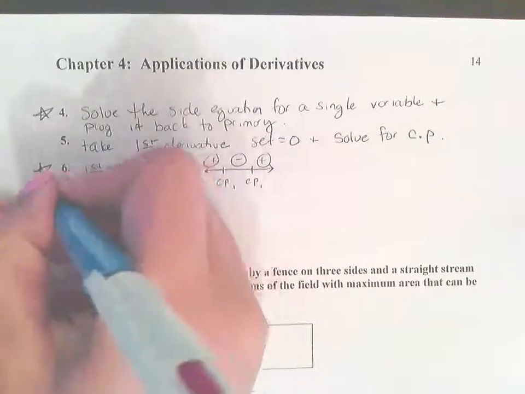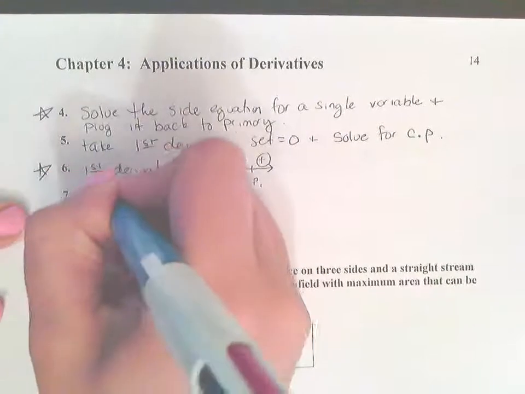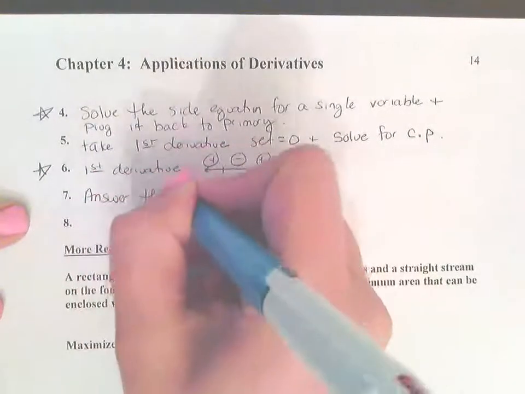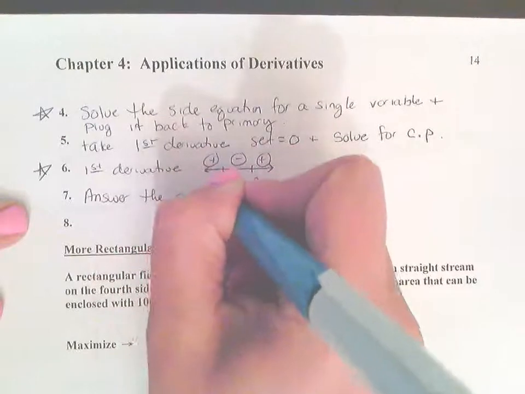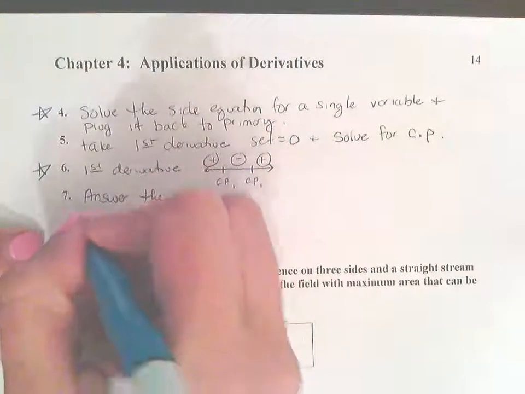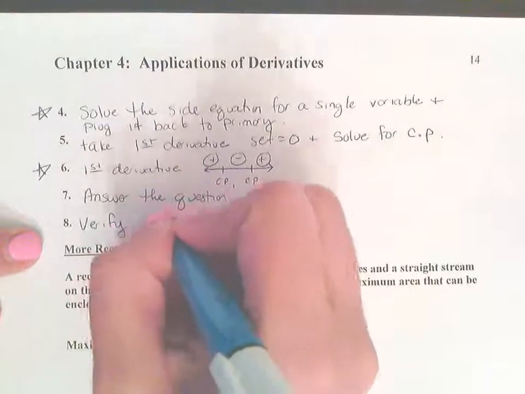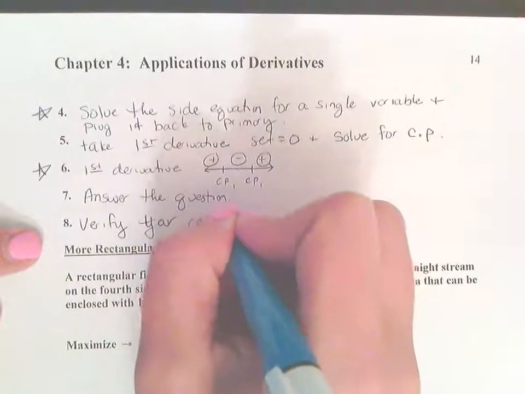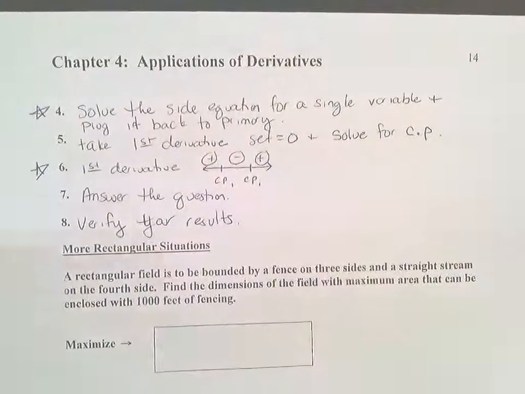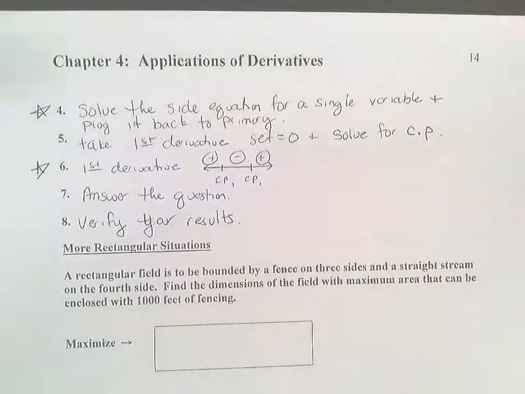And then number 7, you're going to answer the question. And then number 8, you're going to verify your results. Okay, so it's a little different than what you have. It made more sense to me, so hopefully it makes more sense to you, okay?